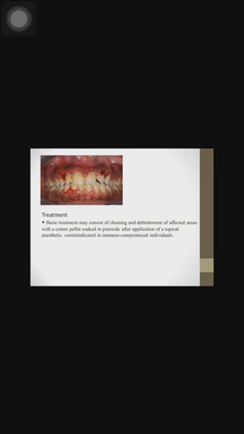Basic treatment may consist of cleaning and debridement of affected areas with a cotton pellet soaked in peroxide after application of a topical anesthetic. It is contraindicated in immunocompromised individuals. Adjunctive use of metronidazole and antimicrobial agents in these patients is reportedly extremely effective in reducing acute pain and promoting rapid healing, given by Scully et al.